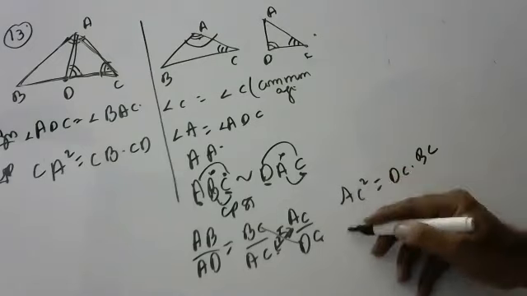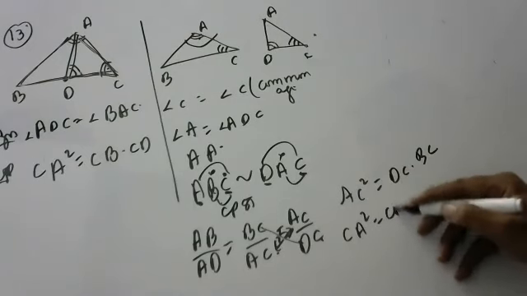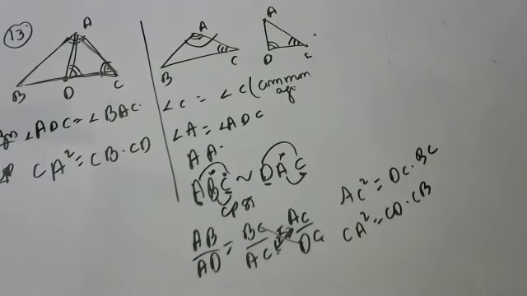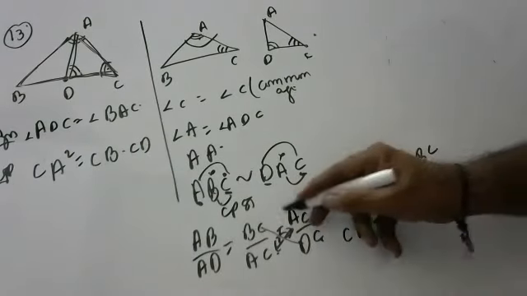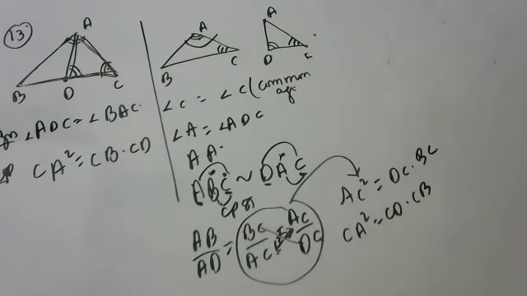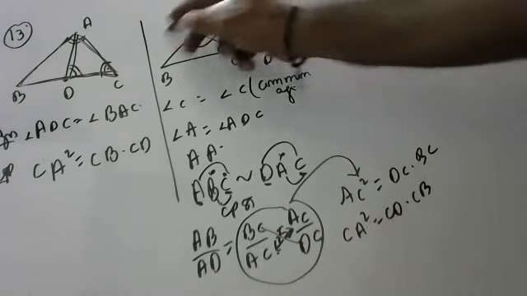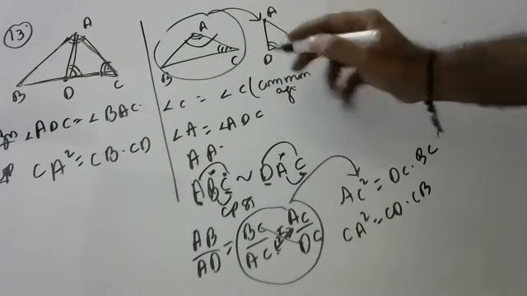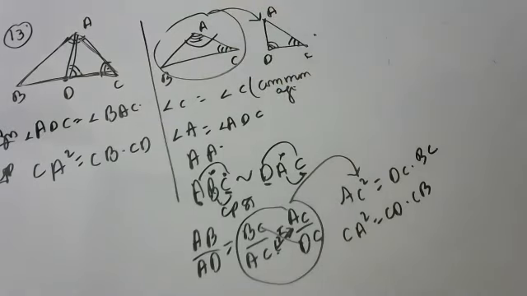So that's what we asked for. CA square is equal to CD into CB. That's what they asked. Among these three, he cross multiplied and gave it to confuse us. That's all. So the bigger triangle is similar to the smaller triangle in which C was common and this is equal to A.